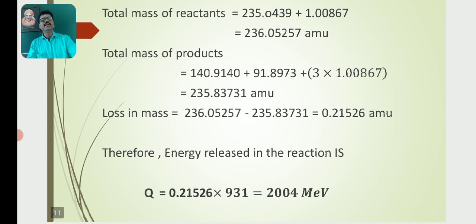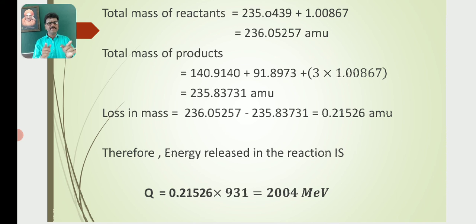The total mass of reactants is 235.0439 plus 1.00867, which is 236.05257 AMU. Then the total mass of products is 140.9140 plus 91.8973 plus 3 into 1.00867.